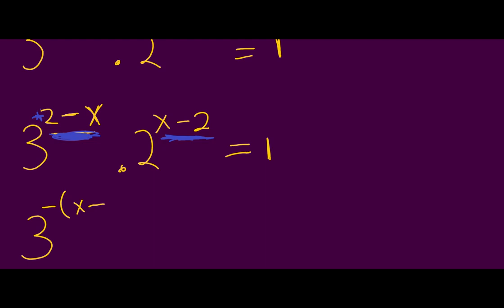So negative times negative is positive. So it's going to be 2, positive 2 here, right? Then I'm going to write this as it is, multiplied by 2x minus 2 equals 1, right?